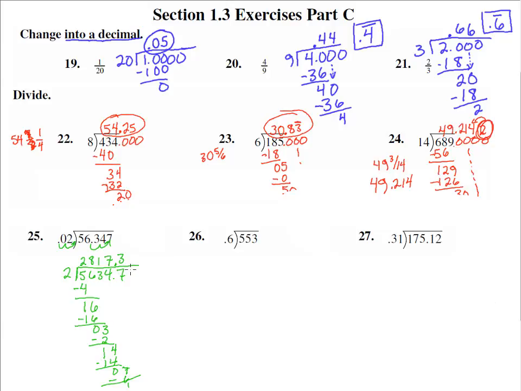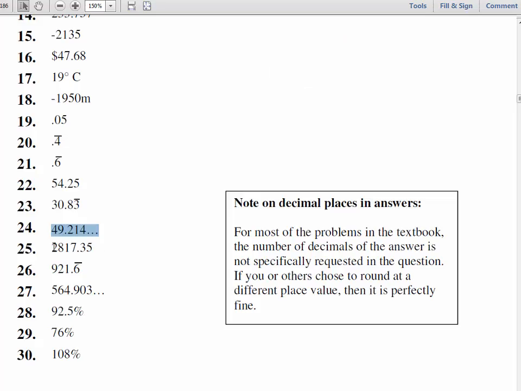Uh-oh, we're going to need another decimal place out here. And that's a 0 down there. And 2 goes into 10 5 times exactly. Oh, lucky that didn't repeat like this guy did, or keep going on forever. 2,817.35. Let's look at that. Yep, and that one is an exact one.